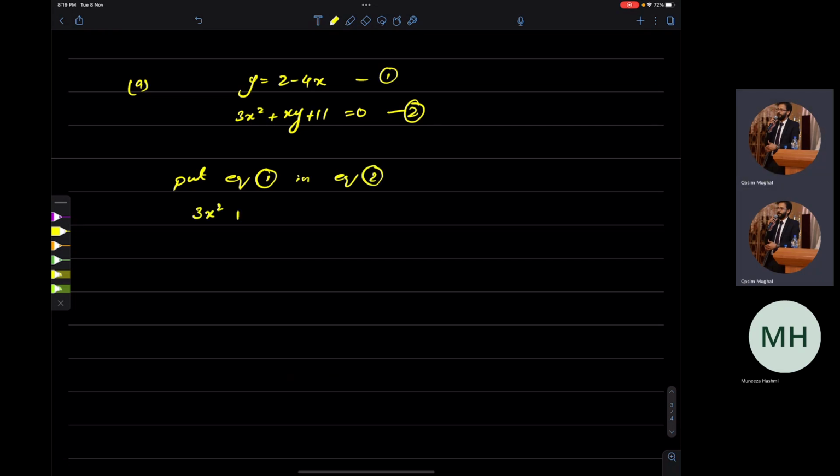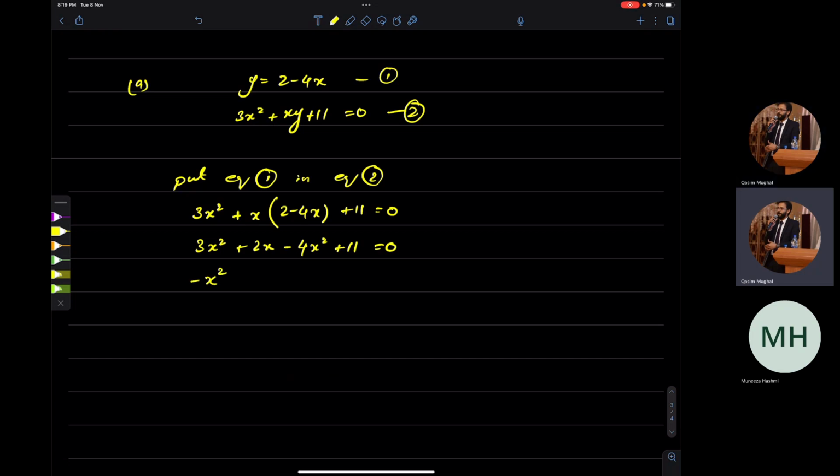That's going to give us 3x squared plus x into (2 minus 4x) plus 11 equals 0. 3x squared plus 2x minus 4x squared plus 11 equals 0. So 3x squared minus 4x squared is minus x squared plus 2x plus 11 equals 0.